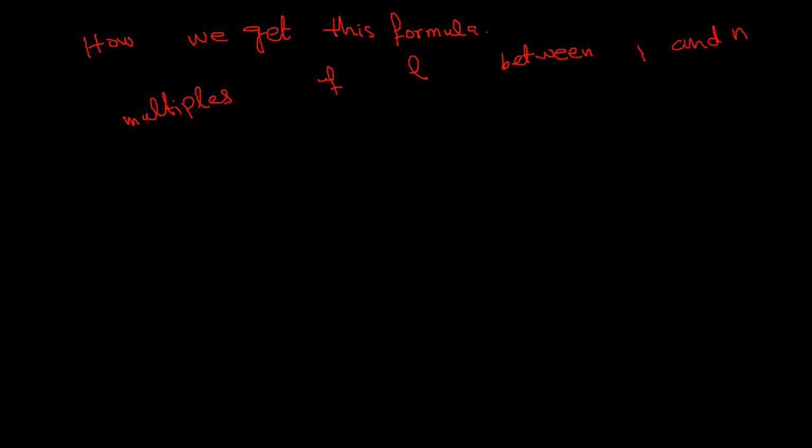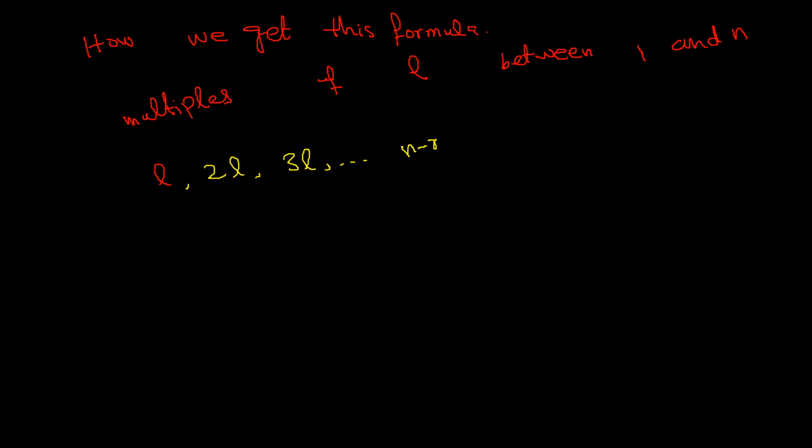The first multiple will be L, then the second multiple will be 2L, then 3L, and so on. We don't know what the last one is, but we can say that it is n minus r, where r is the remainder when divided by L.